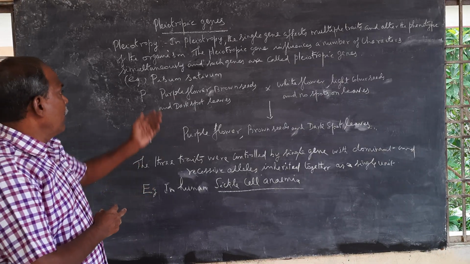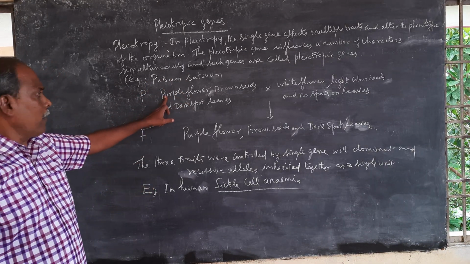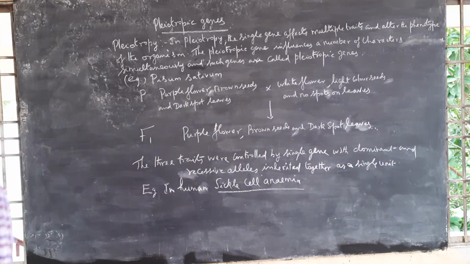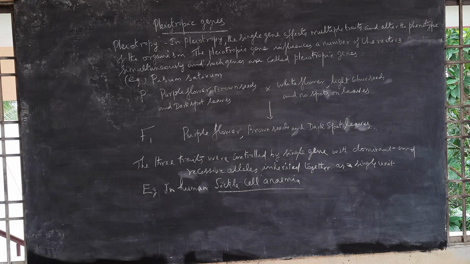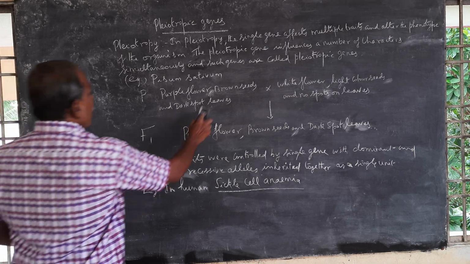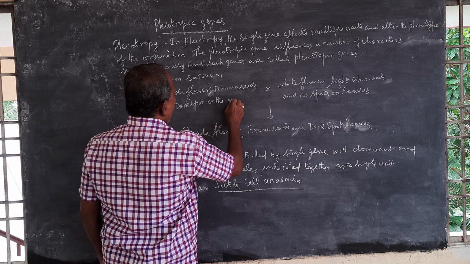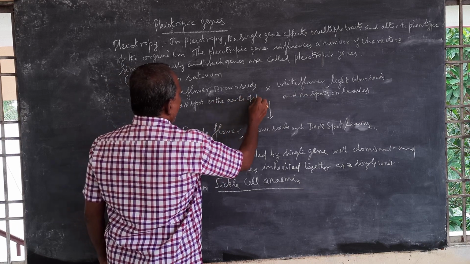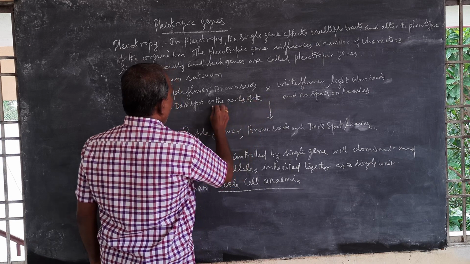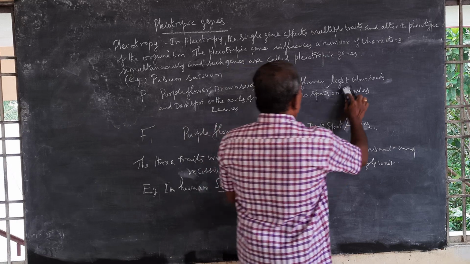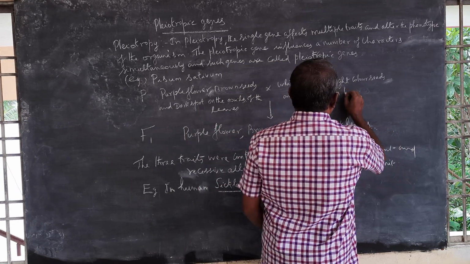Example for this: Pisum sativum, with purple flower, brown seeds, and dark spots on the axils of the leaves. Another has no spots on the axils of the leaves.